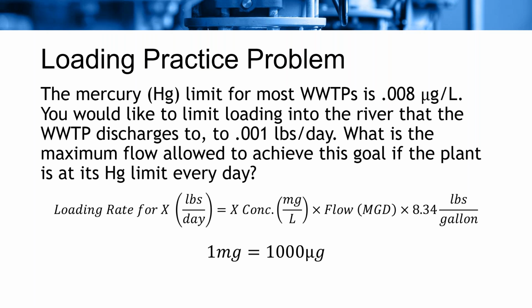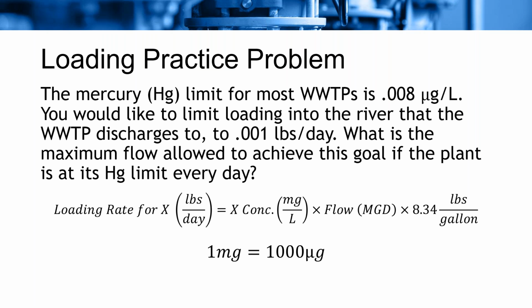here is the question. The practice problem: the mercury limit for most wastewater treatment plants is 0.008 micrograms per liter. We're going to keep that in mind, since it's a different unit than what we're used to, and understand if we have a conversion factor.